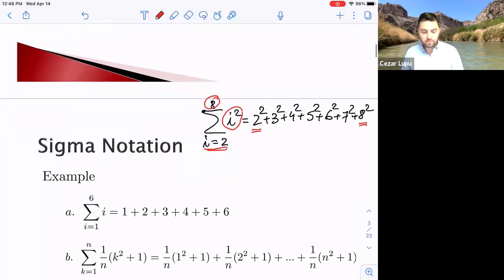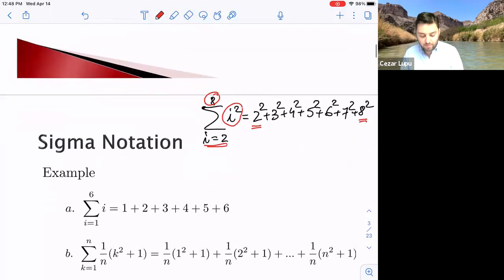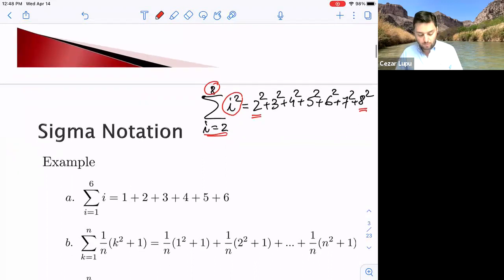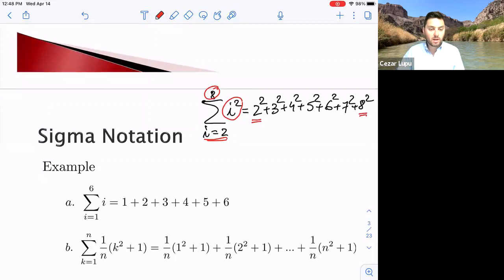Look at this one. This looks rough a bit, but it's not as rough as you think. So when I sum these numbers, 1 over n times k squared plus 1, from k equals 1 all the way to n, as you can see here, this term, 1 over n, is a constant.